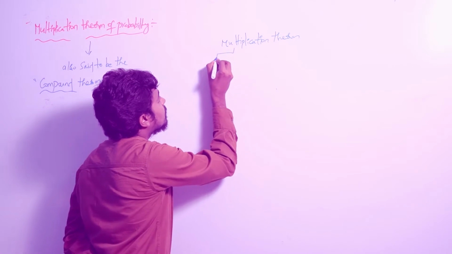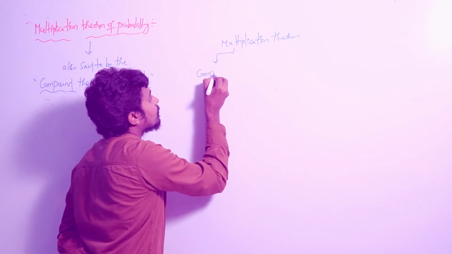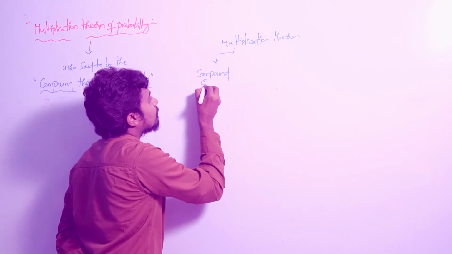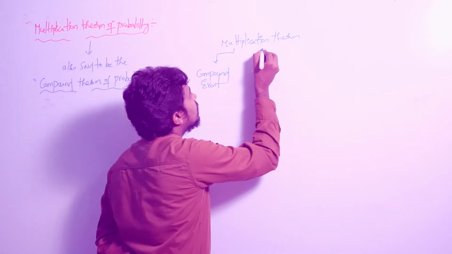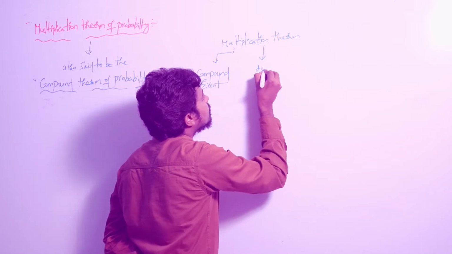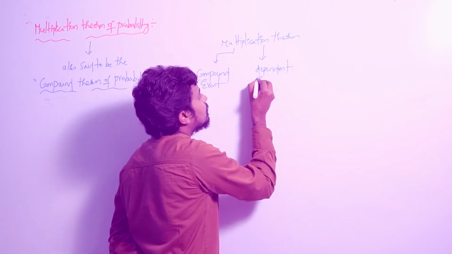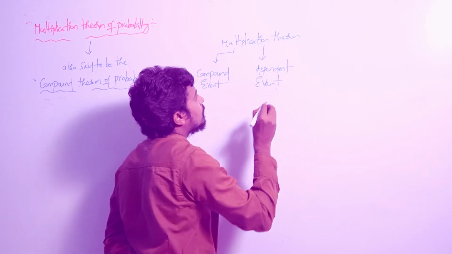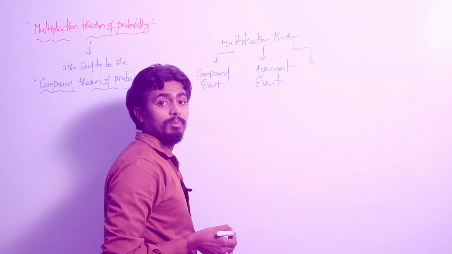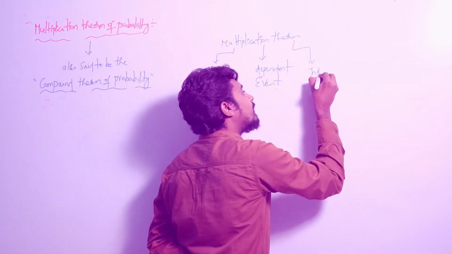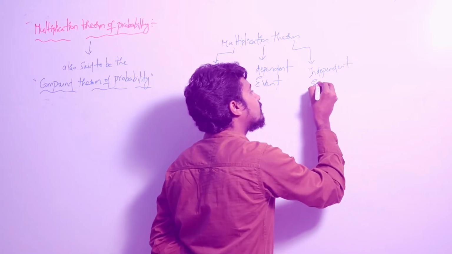The first part is the compound event. Next is the dependent event, and the third is the independent event.